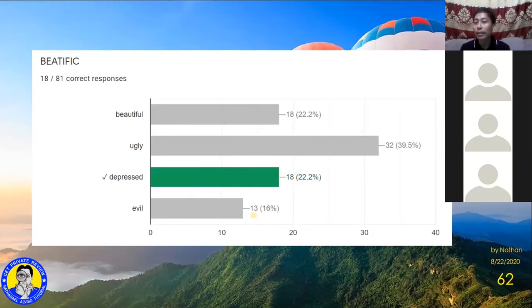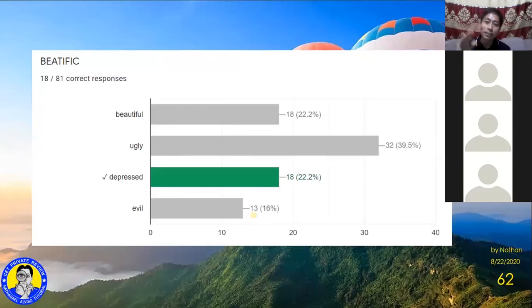Okay. So when I look at the dictionary, the meaning of beatific is something that is happy, content with his life. That's in reference to the saints that live a full, content life here on earth. That's why they are candidates for sainthood.